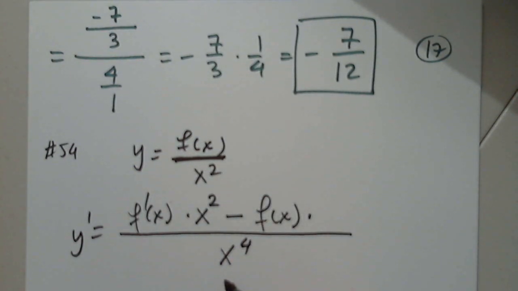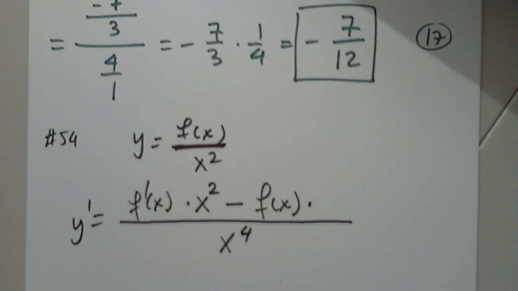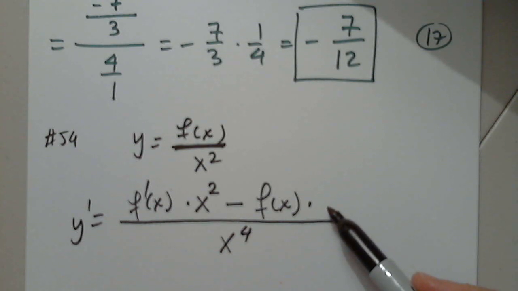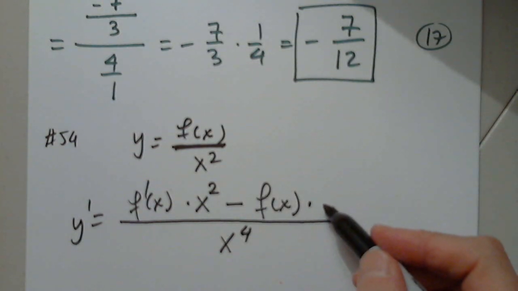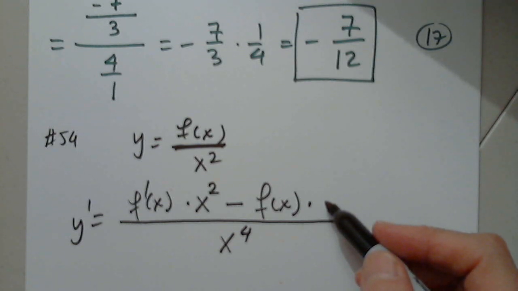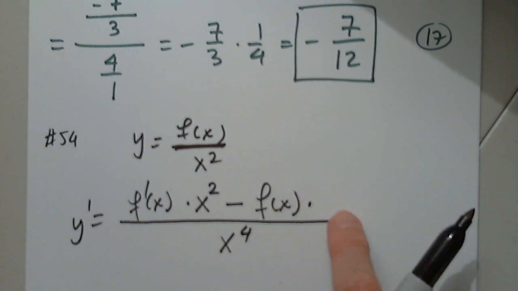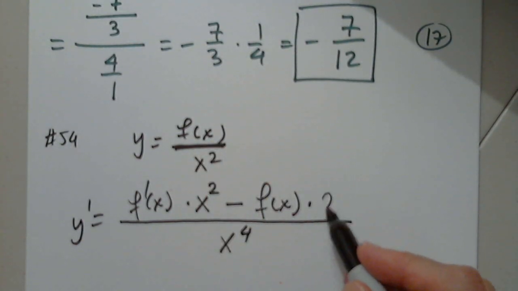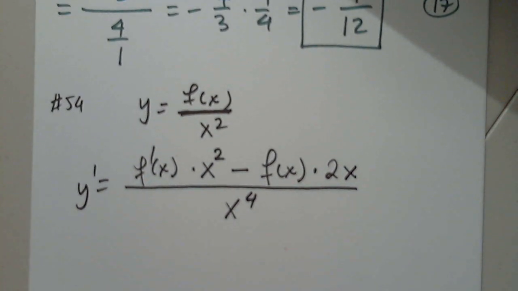In the denominator, we just square. x squared prime is 2x. Yes. It's done.